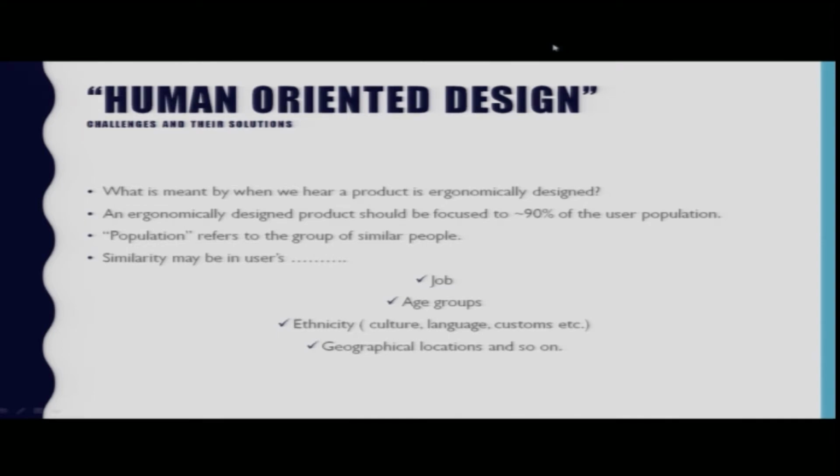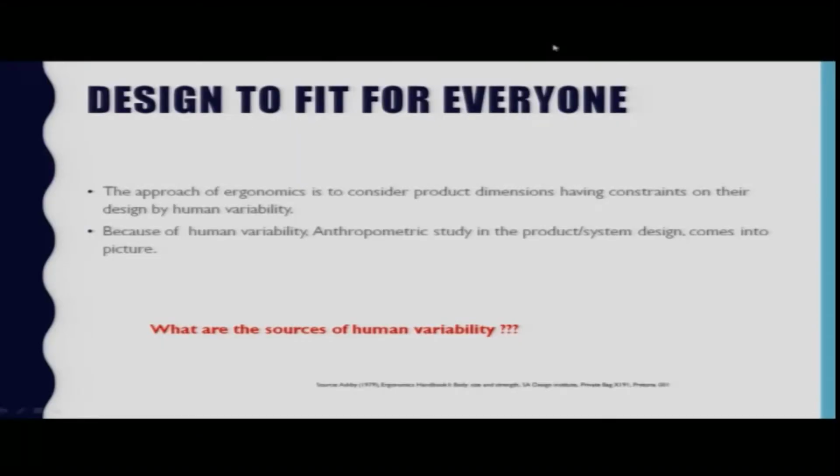The approach of ergonomics is to consider product dimensions in human terms, in view of the constraints placed on their design by body size variability. So, we need to understand what this human variability is and what its sources are.